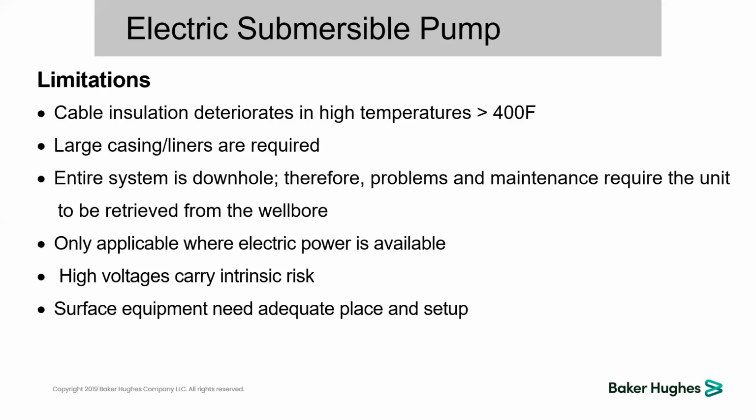Also, ESP almost requires a large casing or bigger OD. It's better to have a bigger casing. It can be installed inside 9.5/8 inch, in 7 inch, and in 5.5 inch. Below 5.5 inch, you have to install slim equipment.